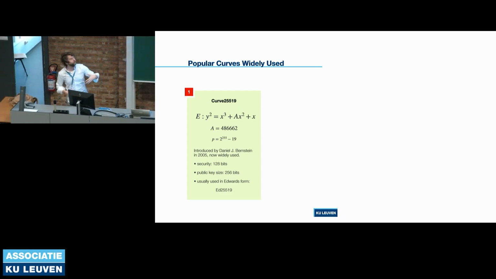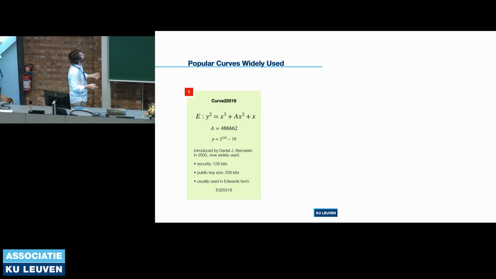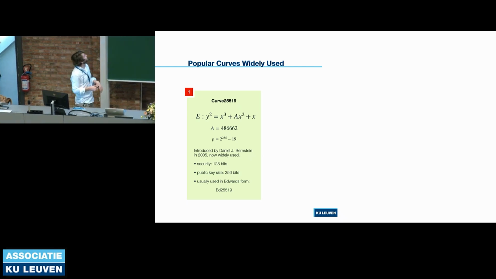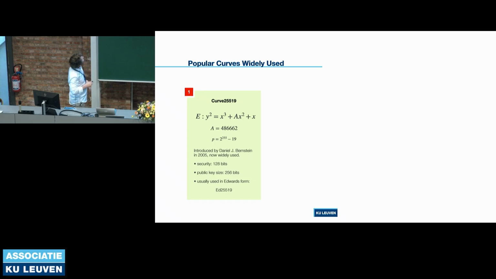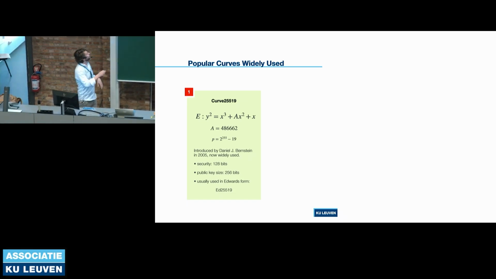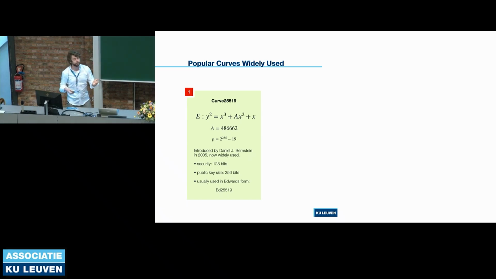But in practice, you're not going to use this equation, but a slightly different one for efficiency purposes. And now you might wonder what is so good about this curve. The essential thing about this curve is the prime that it's using, which means that adding things together modulo p is much easier on a computer to implement for this kind of prime than for, let's say, a random prime of big size.